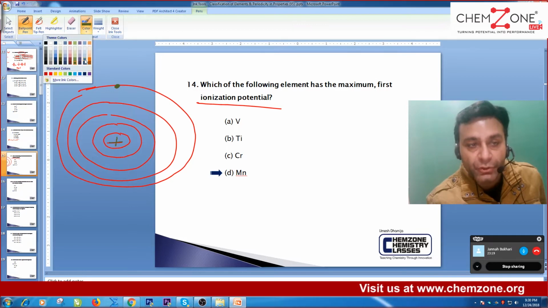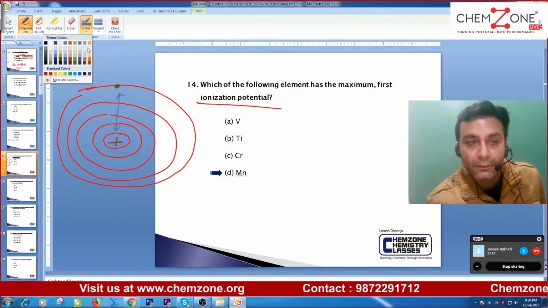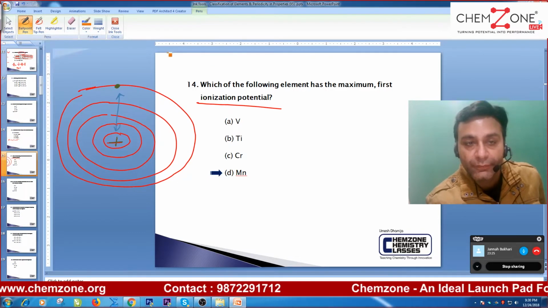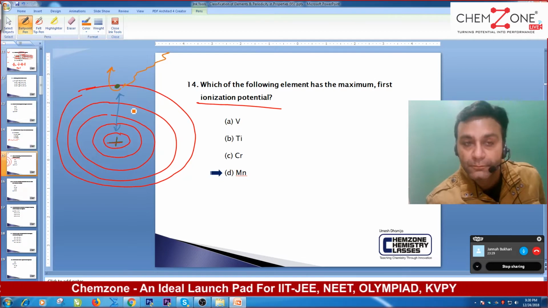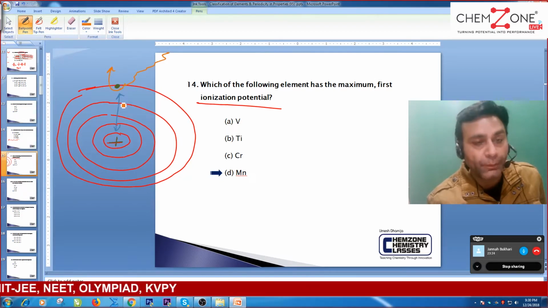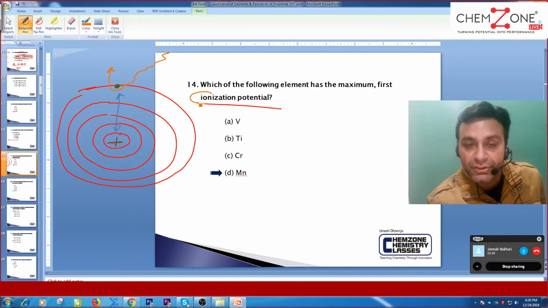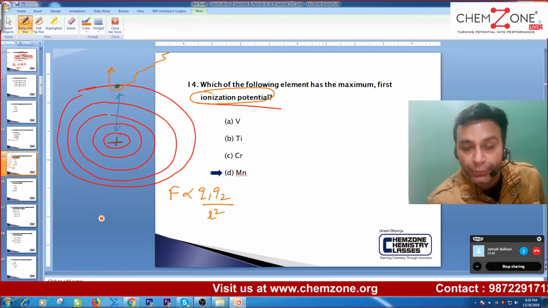Between the two there is some attraction. When you provide energy, the electron gets out. How much energy is required to eject the most loosely bound electron from an atom? That is called the ionization energy or potential. It means there is some force of attraction which holds them together, and that is the electrostatic force of attraction.